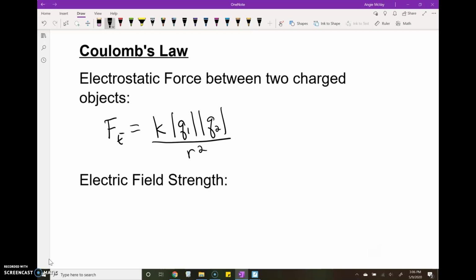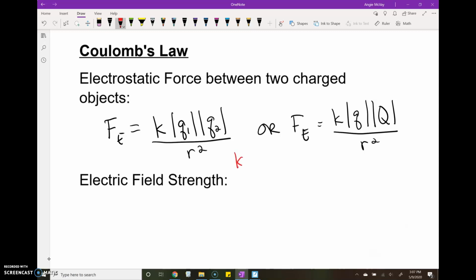All right. Another way that this is written, kind of like Newton's universal law of gravitation, is instead of Q1 and Q2, we could write lowercase q and uppercase Q over r squared. And then this k is kind of like our uppercase G, Newton's universal gravity constant.